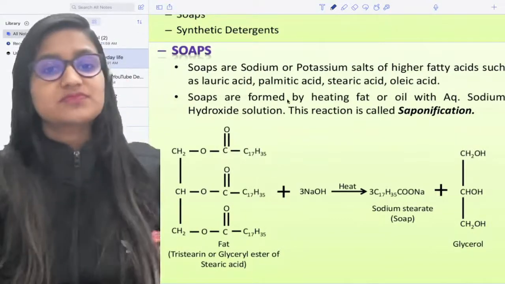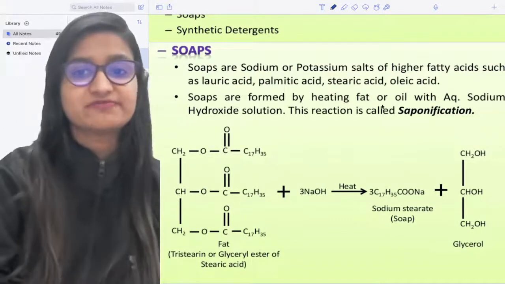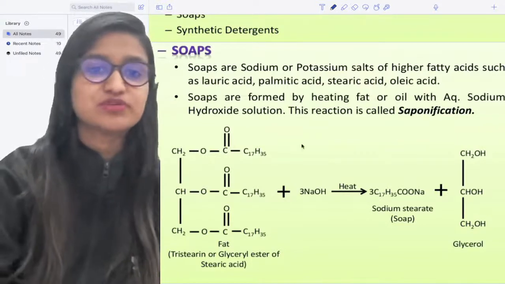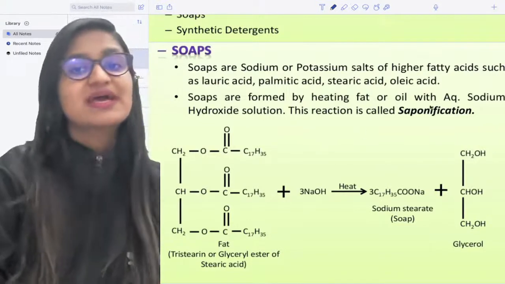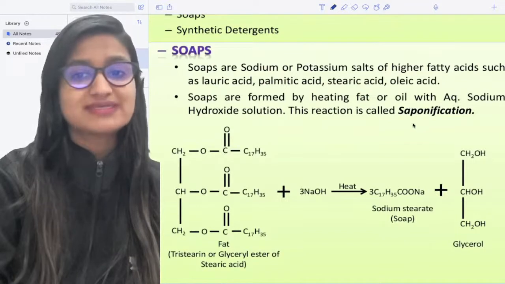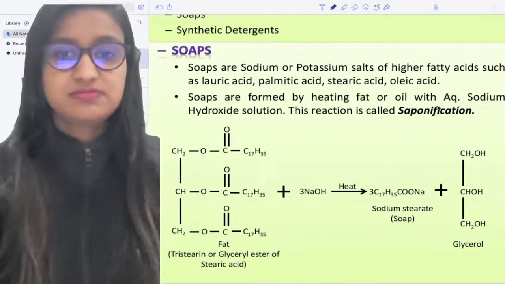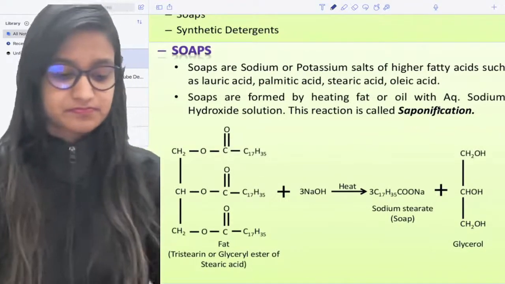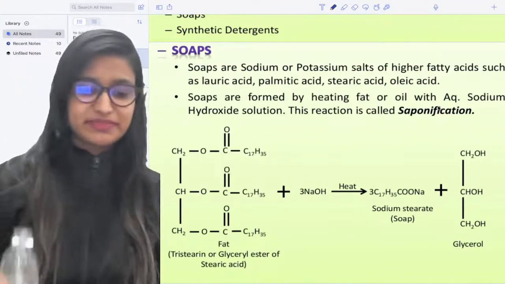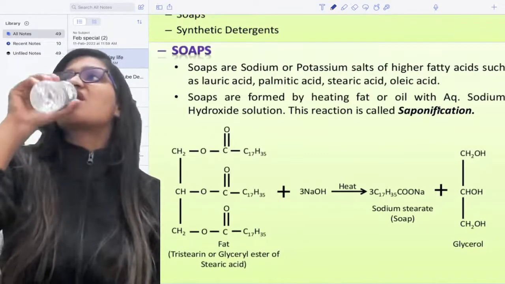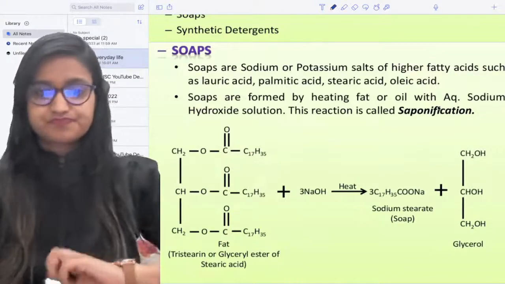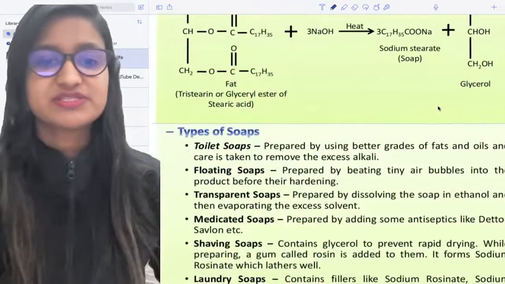Soaps are formed by heating fat or oil with aqueous sodium hydroxide solution, and this reaction is called saponification. You can look at the structures.